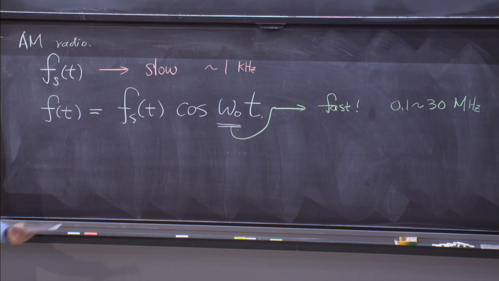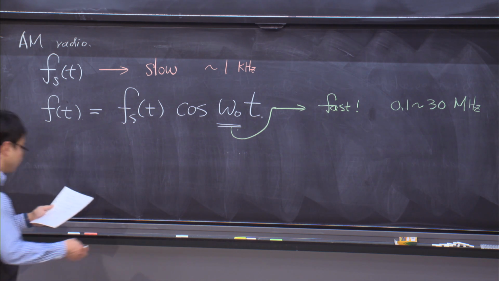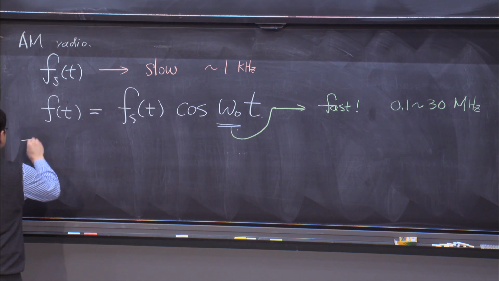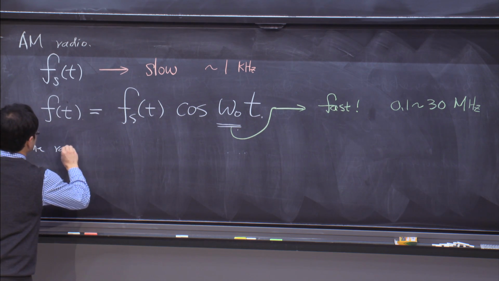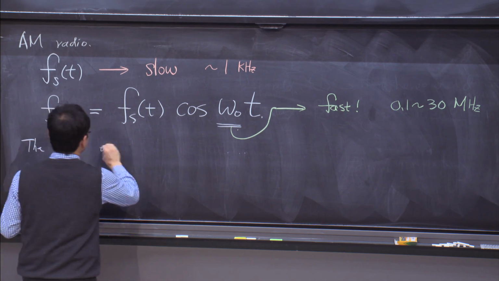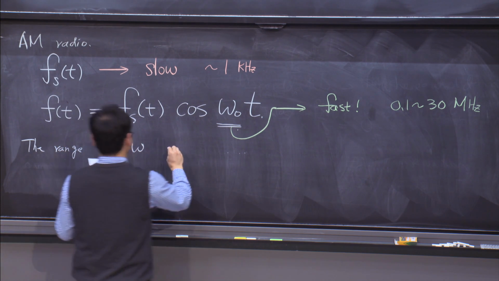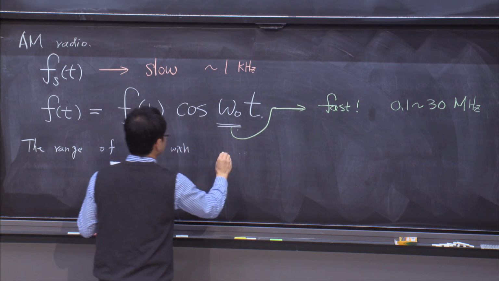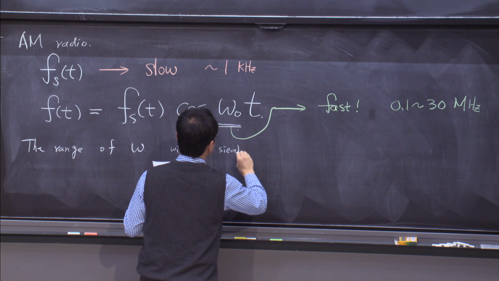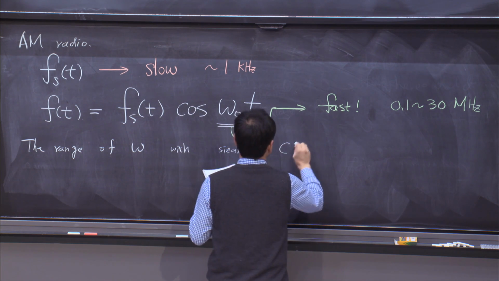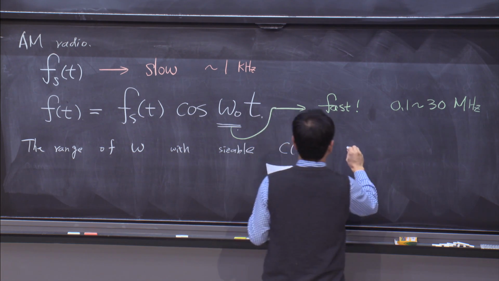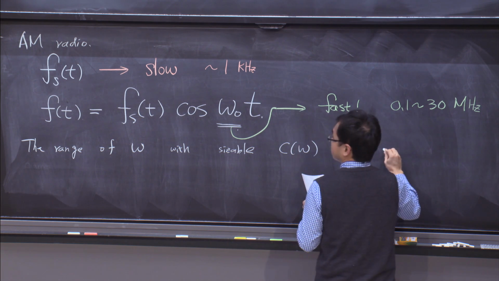If you do this calculation, you will find that the range of omega with sizable C omega is small.